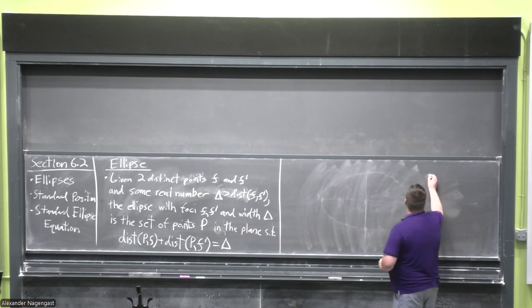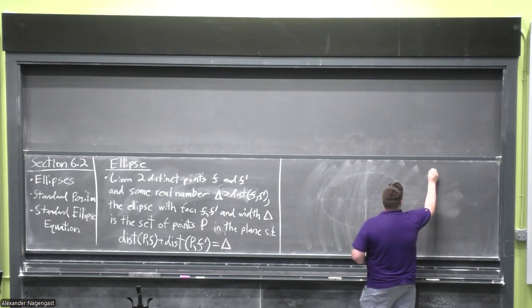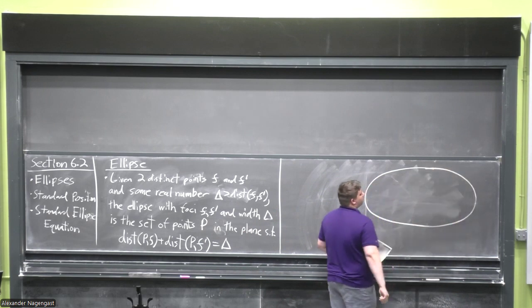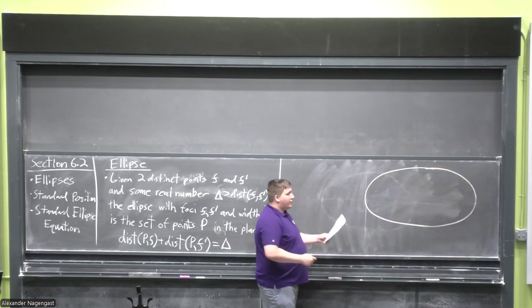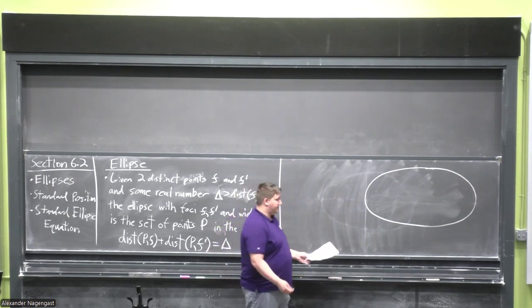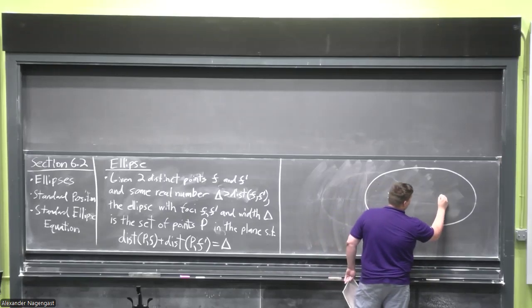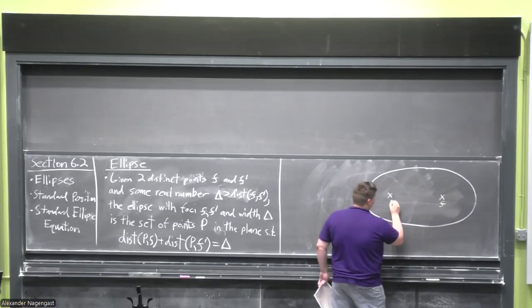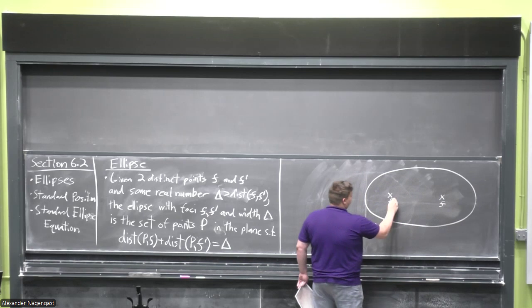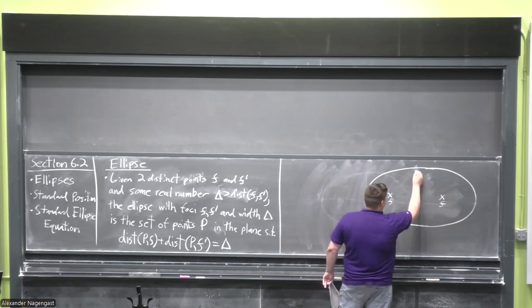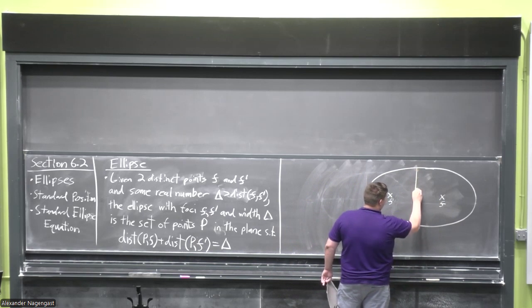Well, if we have an ellipse, how we can generate this set of points P is because we have two foci, F and F prime. And then we'll have this vertical line.